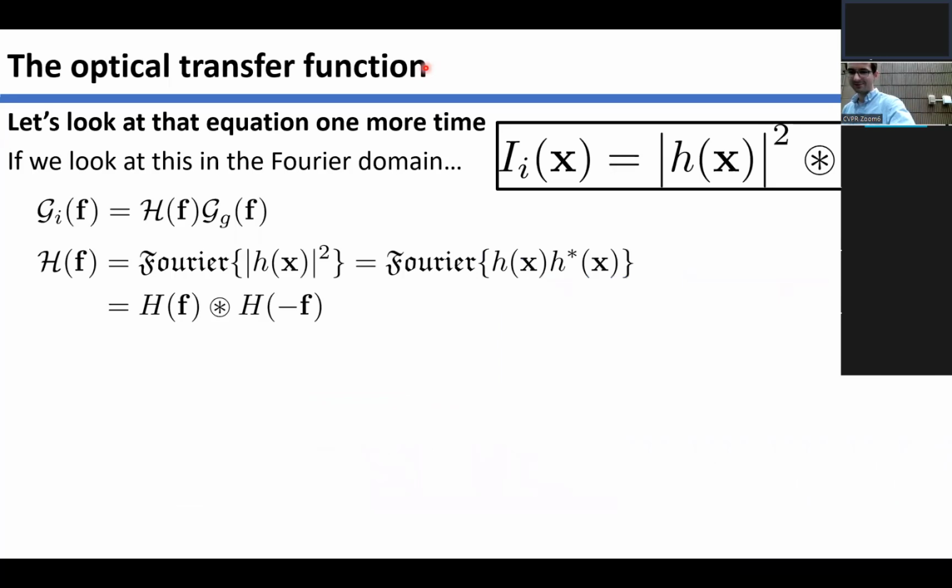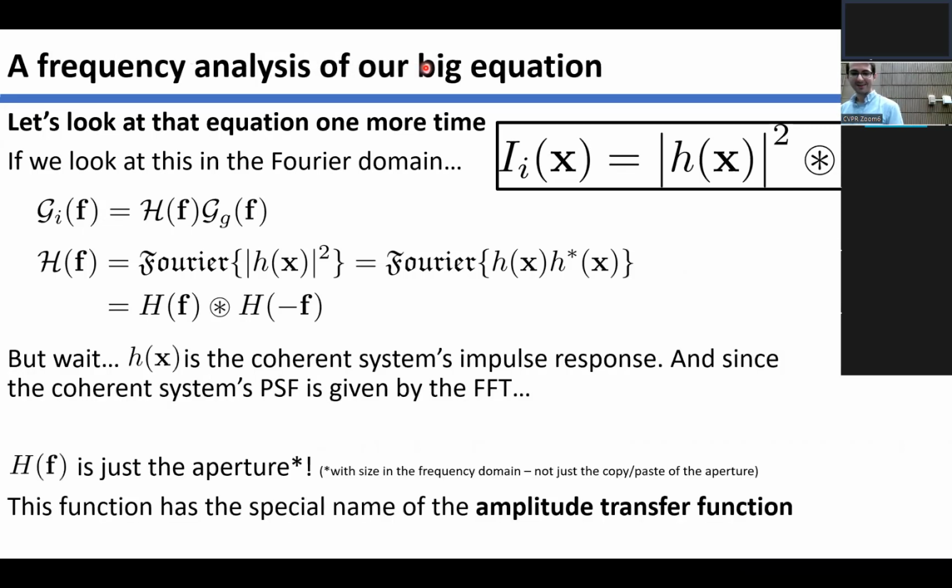Just to finish up this Fourier optics stuff, let's take a look at the optical transfer function. I know we're getting close to the break time here. Basically, if I want to look at my camera system in the Fourier domain, this is kind of the foundation of Fourier optics in some sense: I want to know what frequencies are going to pass through my camera.